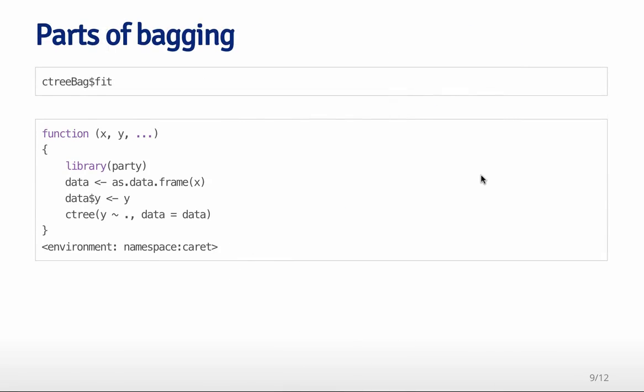So I'm going to look a little bit at those different parts of the bagging function. In this particular case, I'm using this ctreeBag function, which you can look at if you've loaded the caret package in R. So for the fit part, it takes the data frame that we've passed and the outcome that we've passed, and it basically uses the ctree function to train a conditional regression tree on the data set. This is the last command that's called, the ctree command, so it returns this model fit from the ctree function.